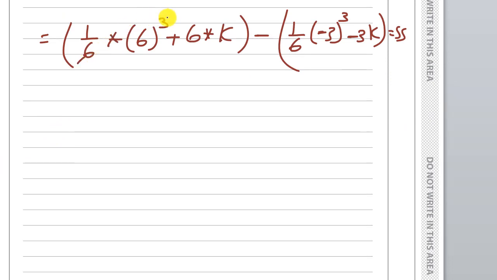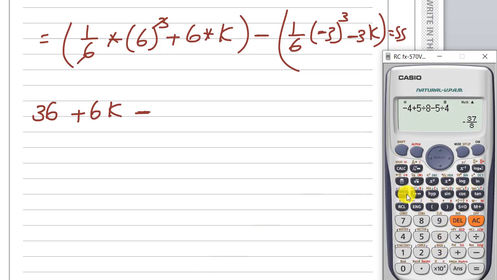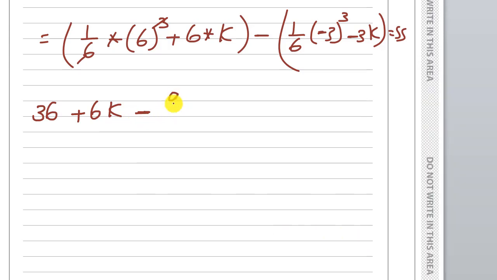So 36 plus 6k minus, let us find this value, minus 3 power 3 divided by 6, minus 9 over 2, so minus 9 divided by 2, minus minus, so plus, and plus 3k is equal to 55.